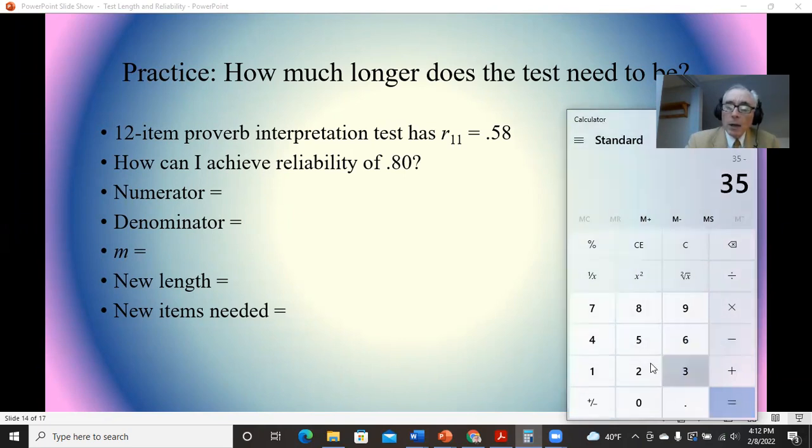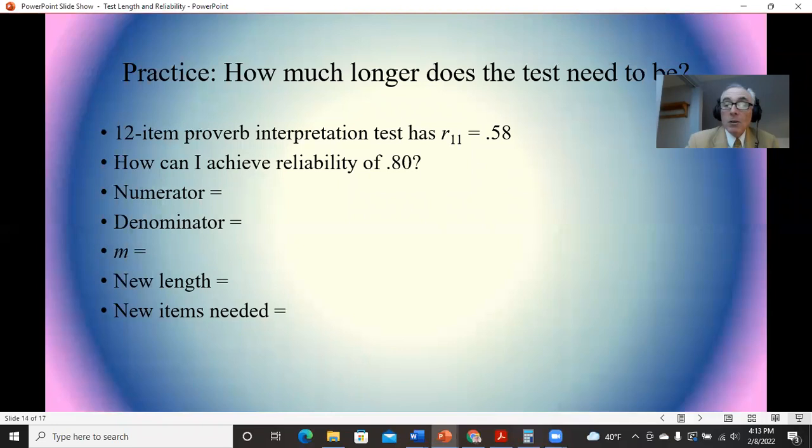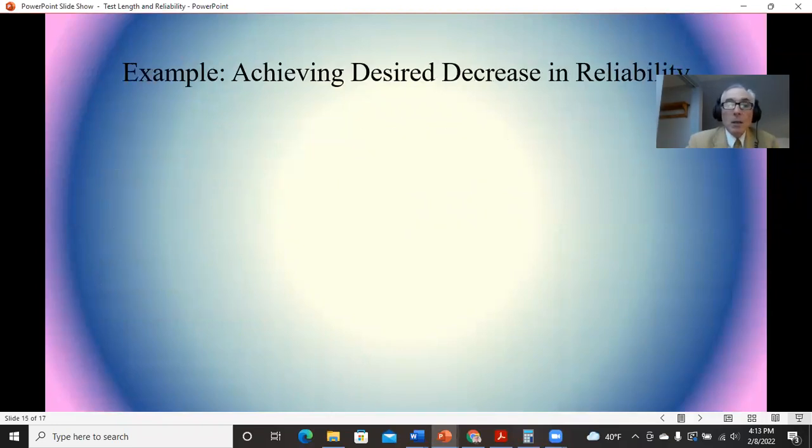And since I already have 12, the implication is I'm going to have to write 23 proverb items here. That could get hard, by the way. I don't know if there are 35. Well, there have to be more than 35 proverbs in our language, but that's a lot to try to scare up. But that's what you're going to have to do if you want to jack up the reliability on this thing by making it longer.